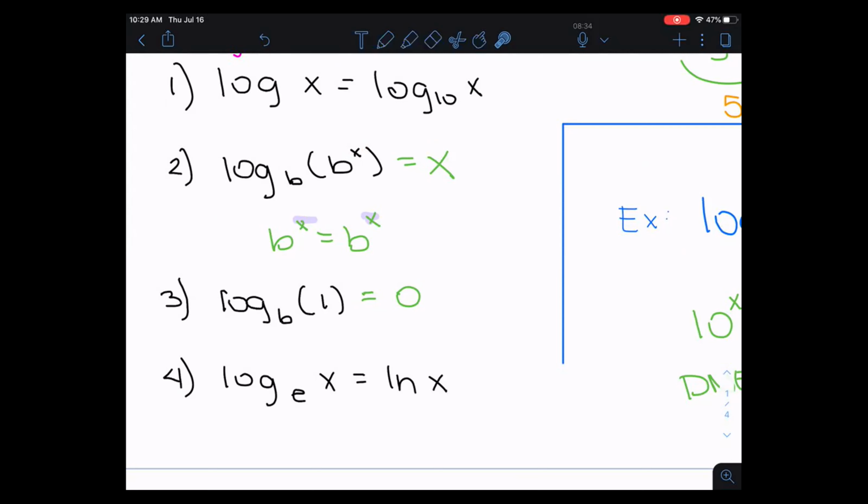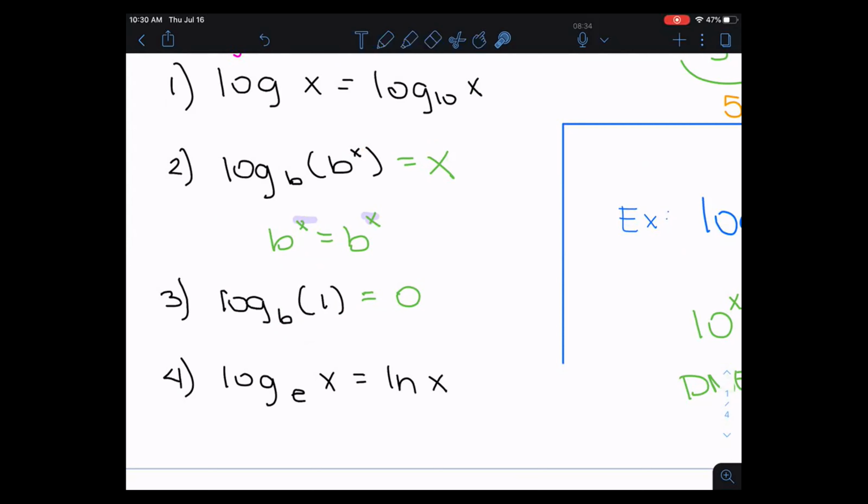That's the simple way. And then for number 3, whatever your base is, this is log base b of 1. So now you have to think of any base raised to some exponent giving me 1.